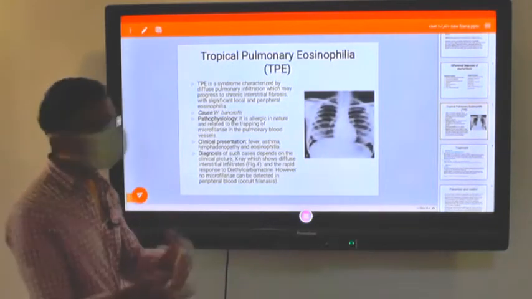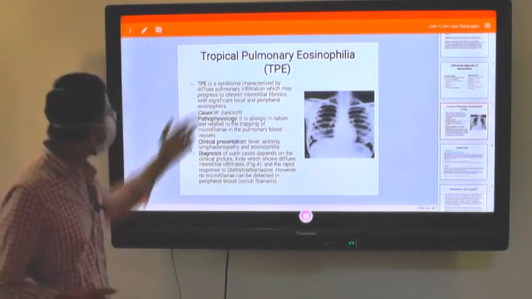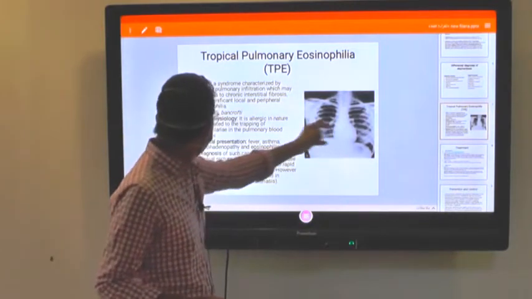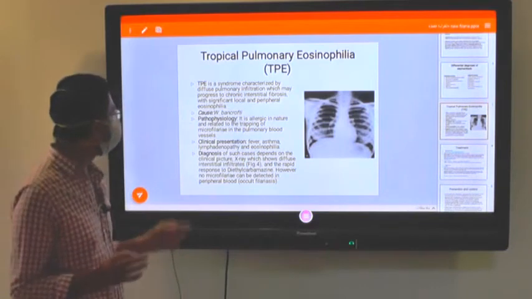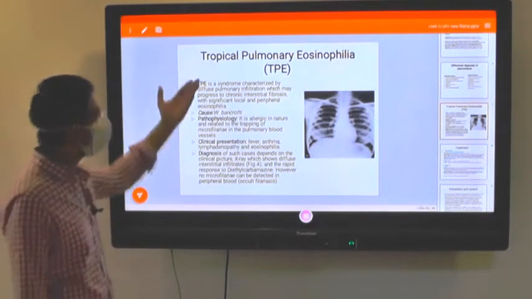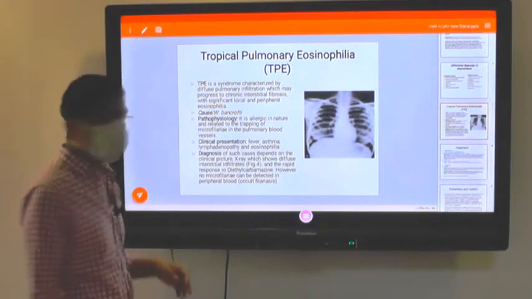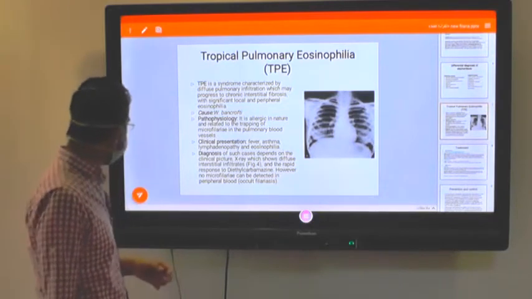Here, a separate entity: tropical pulmonary eosinophilia. It's a syndrome characterized by diffuse pulmonary infiltration, which may progress to chronic interstitial fibrosis with significant local and peripheral eosinophilia. What's the cause of tropical pulmonary eosinophilia? It's Wuchereria bancrofti, the Bancroftian filariasis, the accused organism.